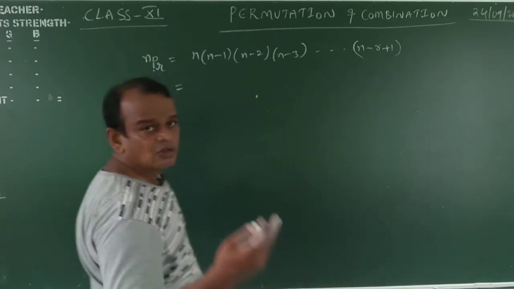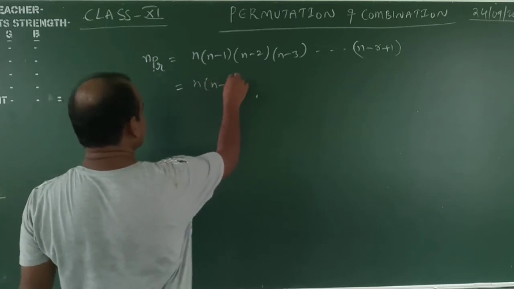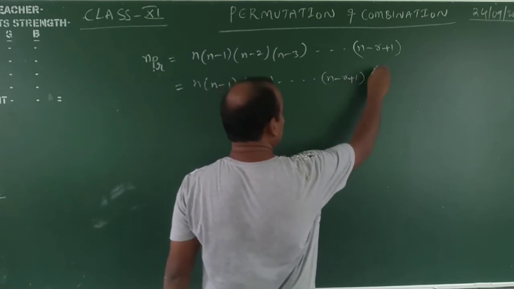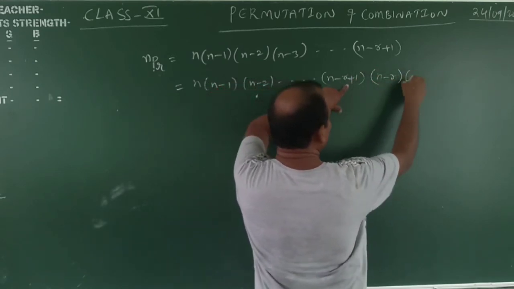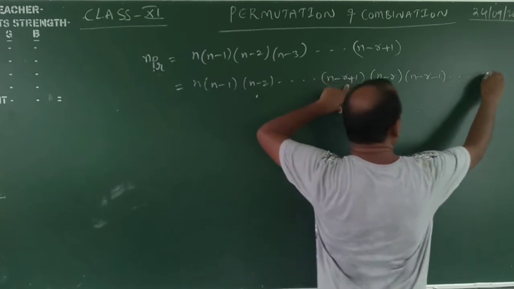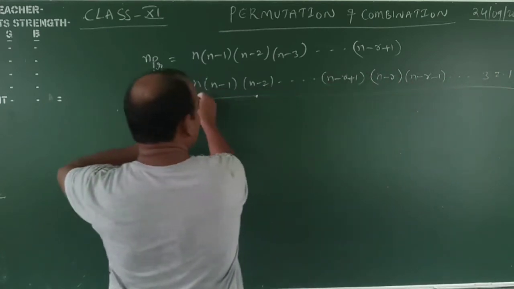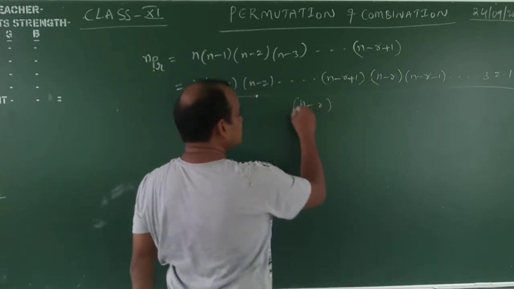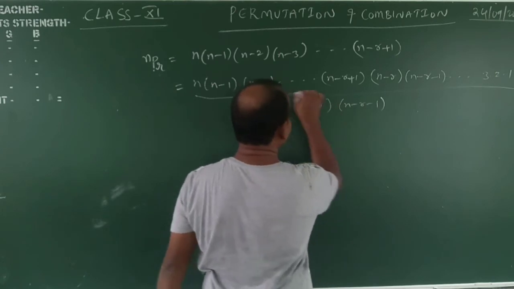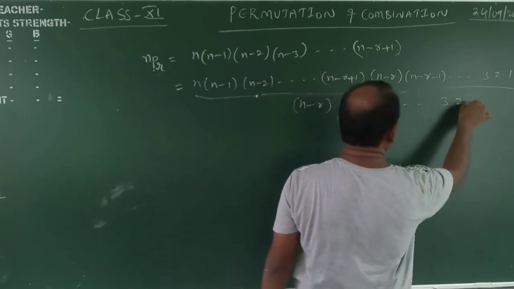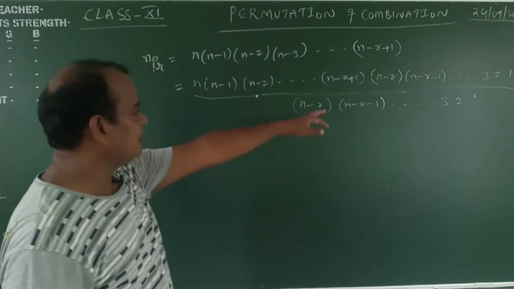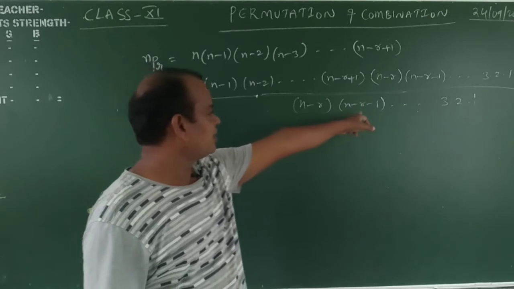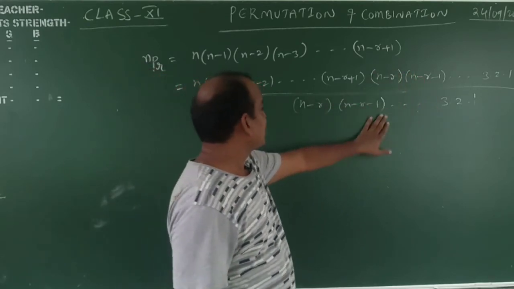Multiplied and divided by some quantity: n into n minus 1, and so on up to n minus r plus 1, into n minus r, n minus r minus 1, and so on, 3, 2, 1, divided by the extra division n minus r, n minus r minus 1, and so on, 3, 2, 1. This cancels, and again we get this one.